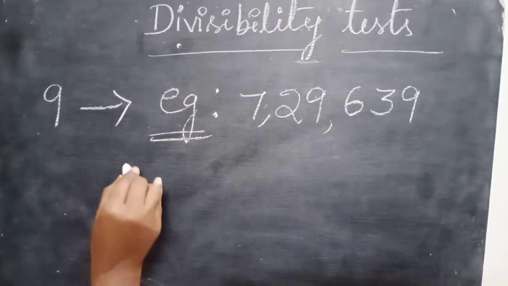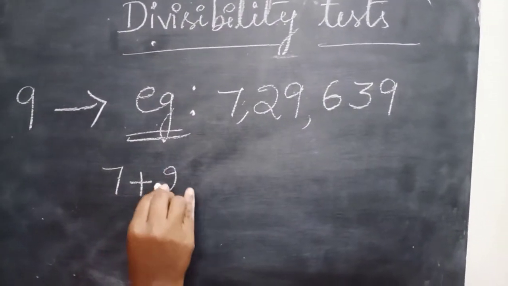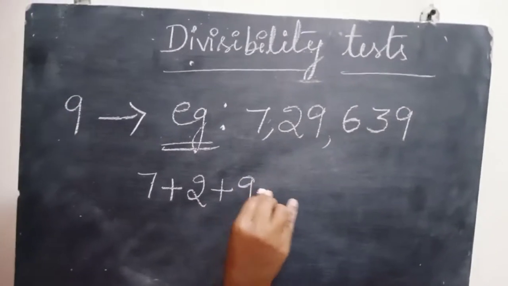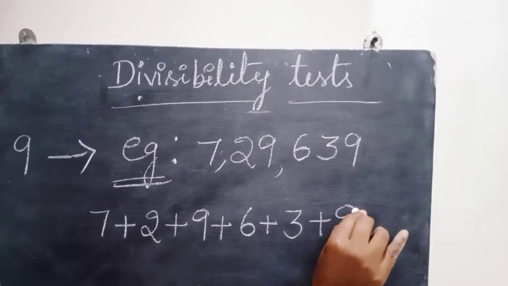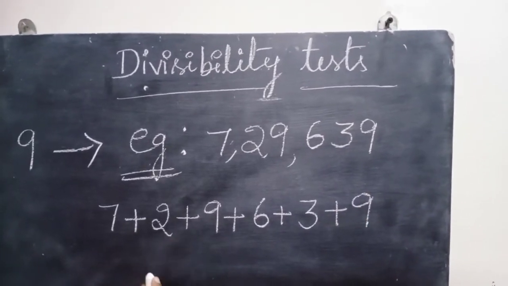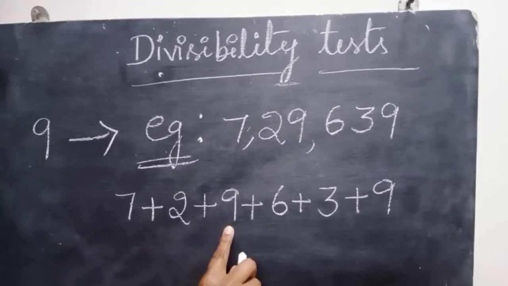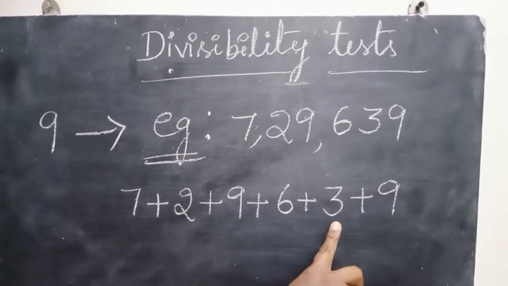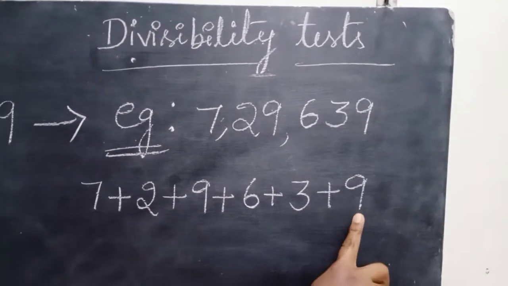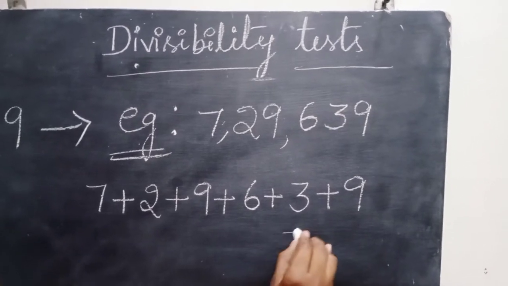7 plus 2 plus 9 plus 6 plus 3 plus 9. 7 plus 2, 9. 9 plus 9, 18. 18 plus 6, 24. 24 plus 3, 27. 27 plus 9, 36.